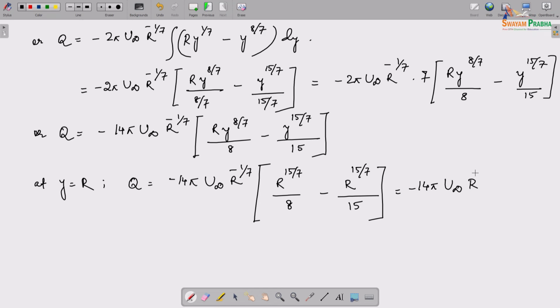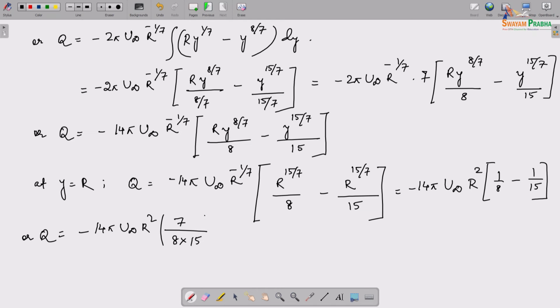So you see what we are doing: minus 1 by 7 plus 15 by 7 is 14 by 7, which is 2. So this is R square, 1 by 8 minus 1 by 15. You can see what is going on here now, 14 pi, it is easy now. So this is 7 by 8 into 15.